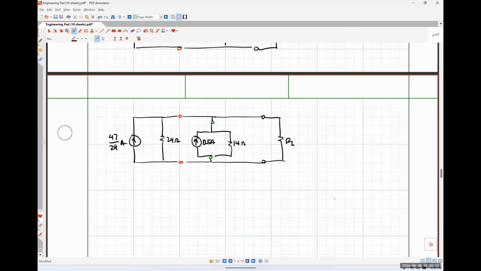47/29 plus 0.5. Hold on, 47/29 plus 1/2 is going to look like 123/58 in parallel with 29 times 14 over 29 plus 14, which is 406/43.